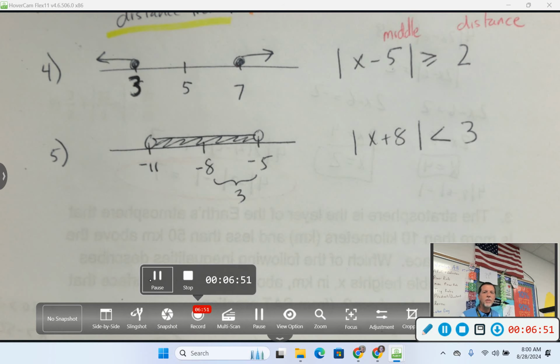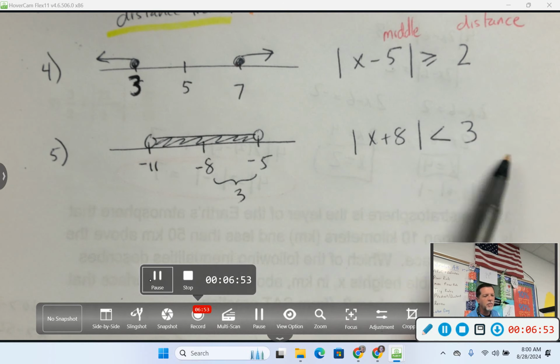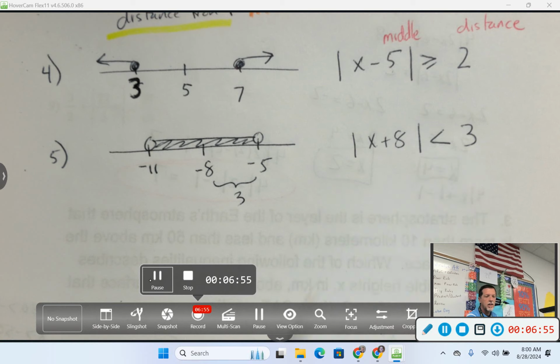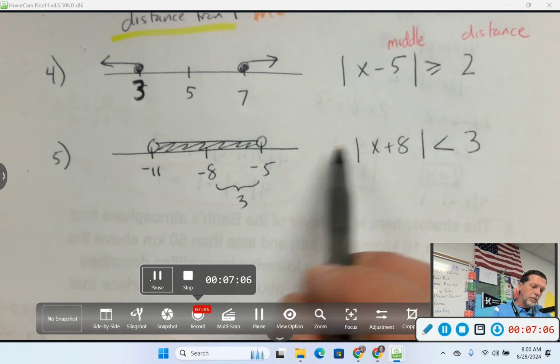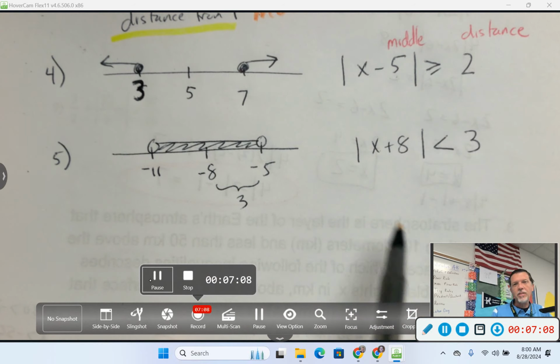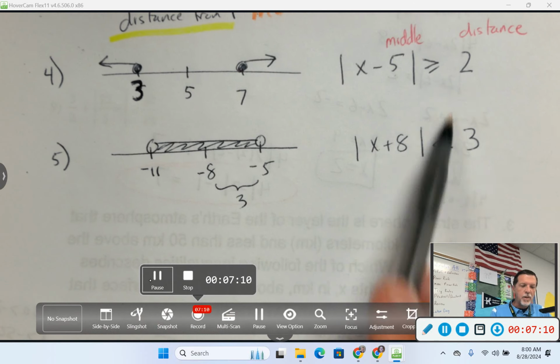Question came up: how do we know this is a positive 3 and not a negative 3? It's absolute value. That's one answer, because absolute value will never be negative. Those weird cases are the result when negatives happen, so it's always going to be a positive.